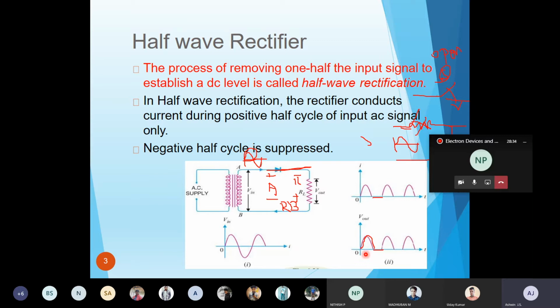So I'm getting one half cycle. Next, when I'm giving the negative waveform, it won't conduct; it will be in reverse bias condition, and the amplitude level is very low, so breakdown won't occur. So there is no current flow in the negative half. Again, when it comes to positive, it allows the current to pass, so I get the waveform for the current as well as the voltage. So the negative cycle is totally suppressed.